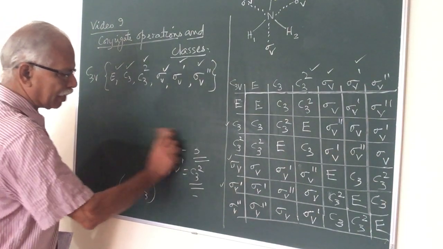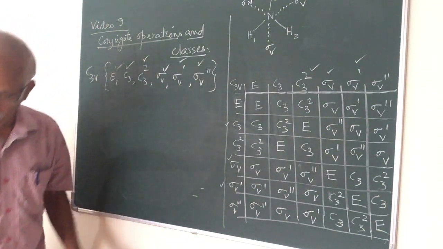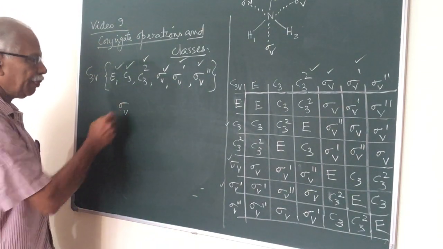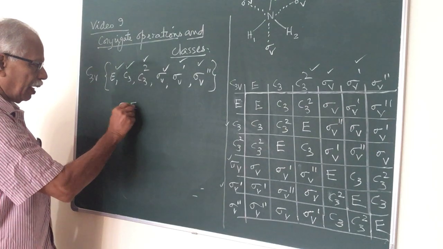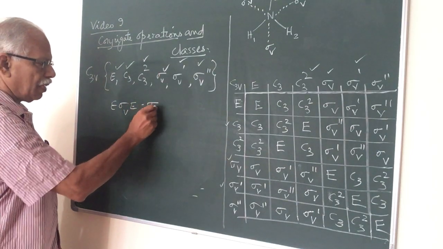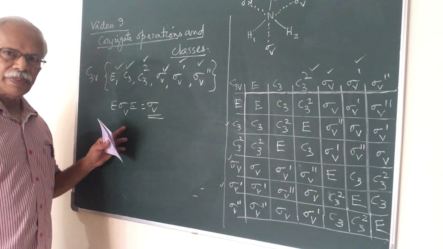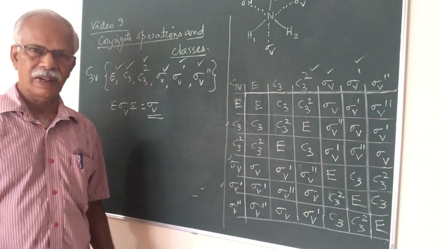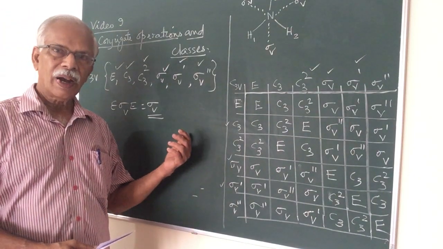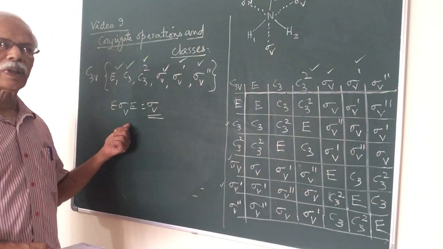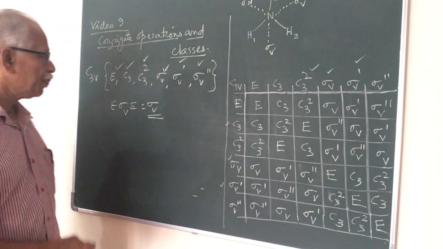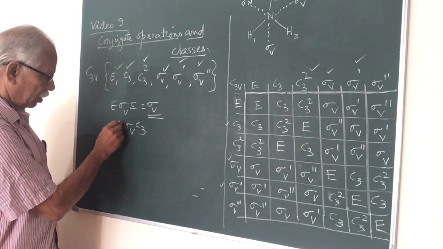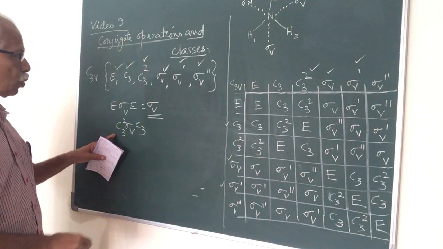Now find out the conjugates of sigma v dash and sigma v2 dash. First you take sigma v, identity, it will give sigma v itself. Every operation is conjugate to itself, and actually it is a trivial result. Our aim is to look for other operations to which a particular operation is conjugate. Then sigma v with C3, the inverse of C3 is C3 squared.